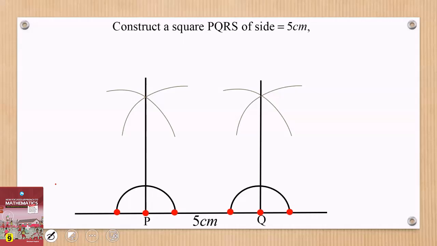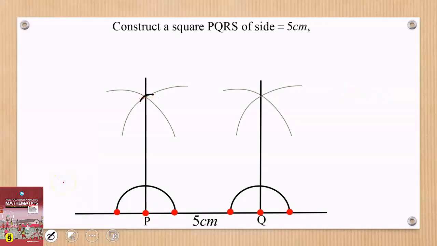Because we are constructing a square and each side should be 5 centimeters, use your compass, measure 5 centimeters using your ruler, put the compass pin at P and construct a small arc. That makes the distance between this point and that point 5 centimeters. Is that okay? Good.